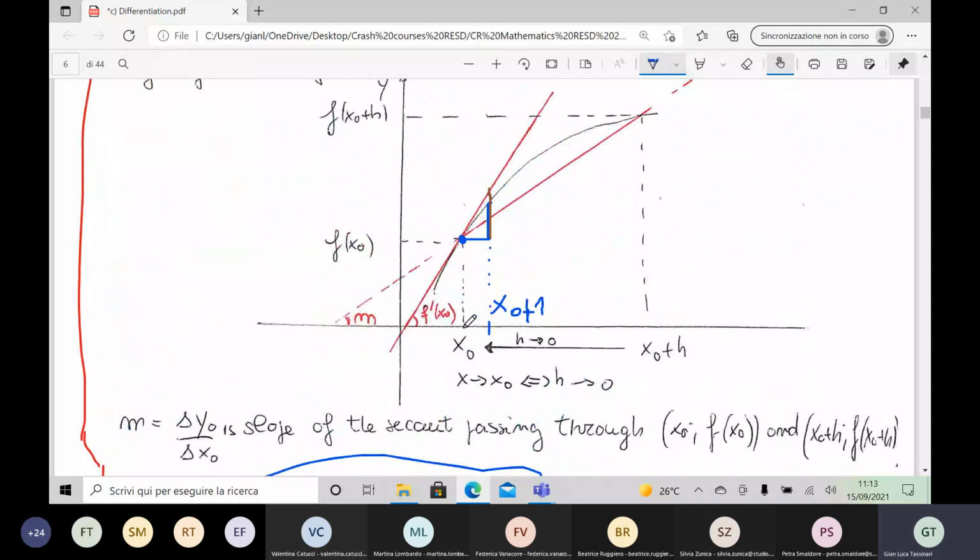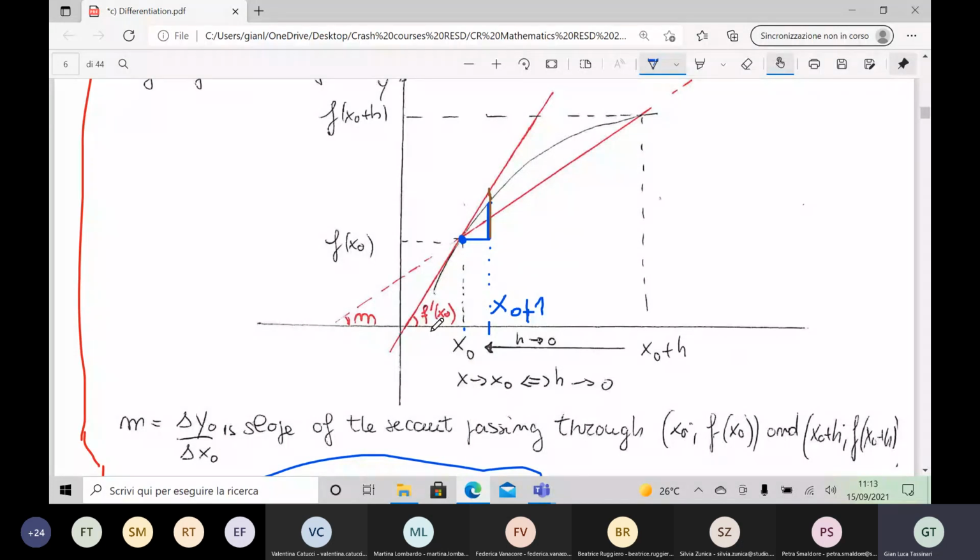It's the slope of the tangent line at the x0 of our function. And what does it represent? It represents the instantaneous growth rate, that is, the estimated change in the value of your function as x goes from x0 to x0 plus 1.